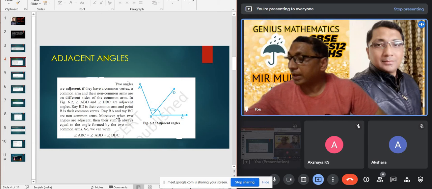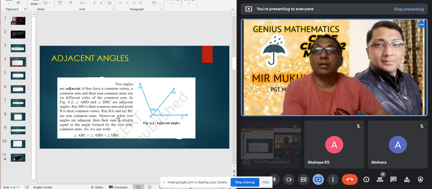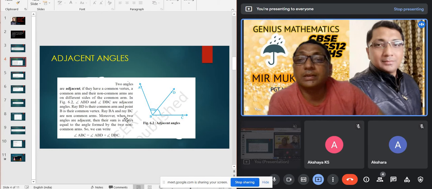Moreover, when two angles are adjacent, then their sum is always equal to the angle formed by the two non-common arms. So we can write angle ABC equals angle ABD plus DBC.